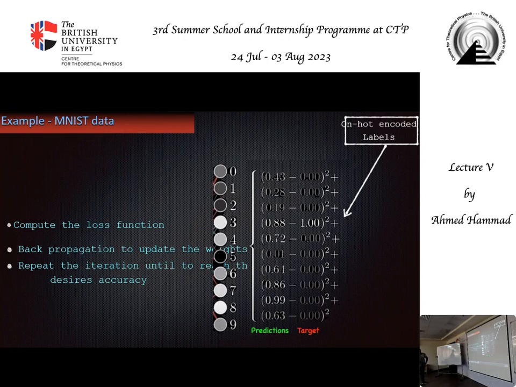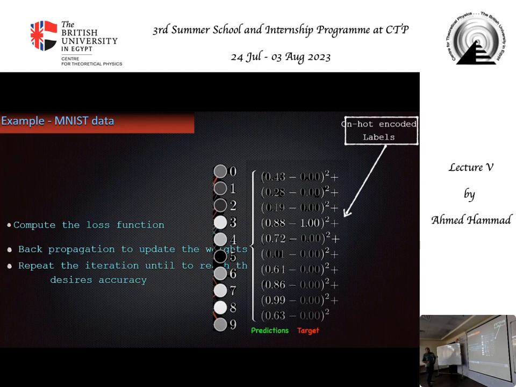As you can see, the model predicted the probability for the input image to be 0 as 43%, for it to be image 1 it's 28%, and for the image to be 3, which is the exact answer, it's 88%, etc.